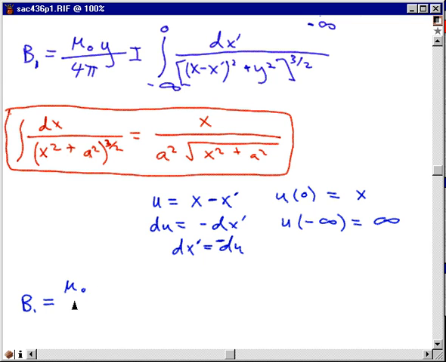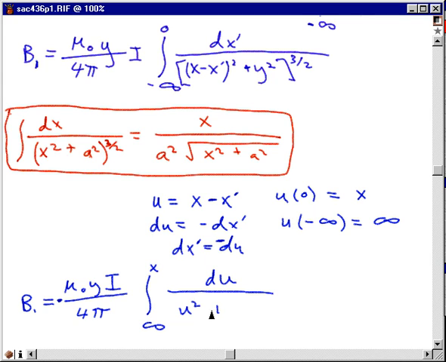It'd be mu 0 y I all over 4 pi times the integral from infinity up to x, or I should say down to x, of minus du, I think I'll put the minus sign all the way out front here, divided by u squared, and that was why I made the substitution to keep that simple. Plus the y squared, it's just a constant, it stays the same.